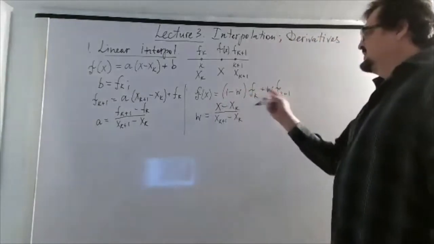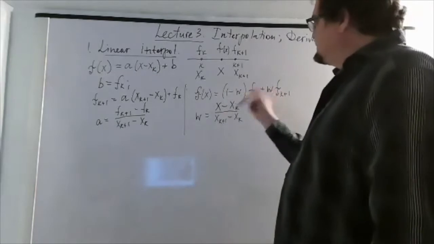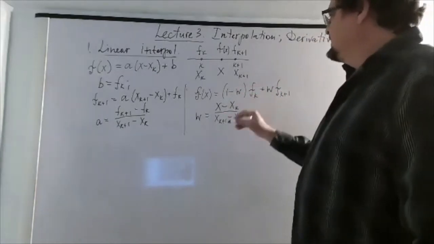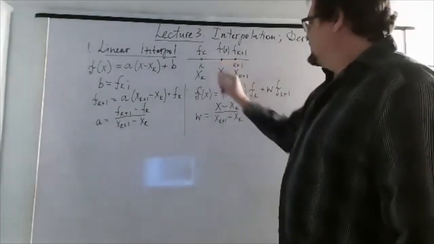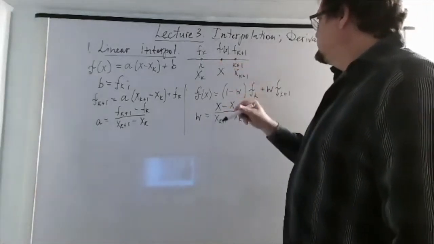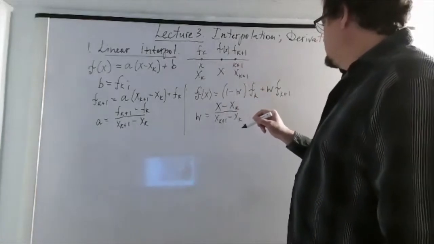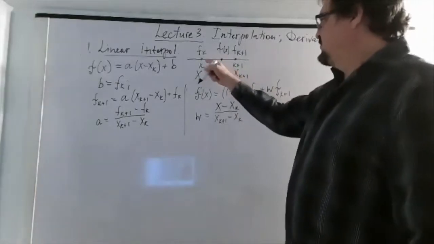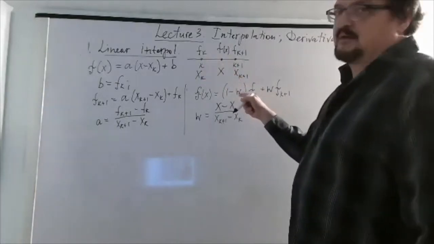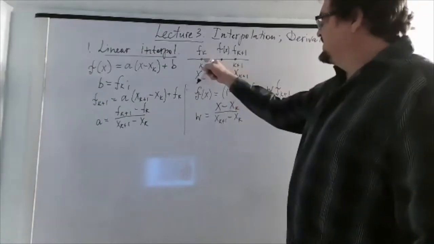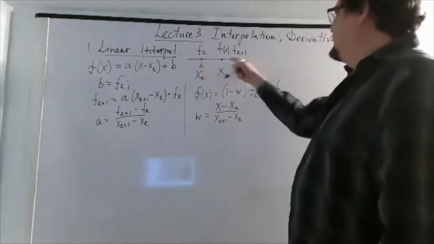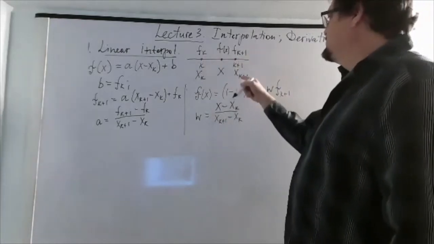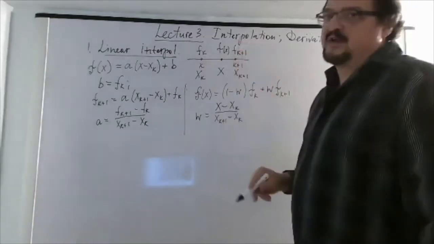So this is weighted interpolation, linear with two weights. When your x is close to xk, the weight becomes very small, so 1 minus weight becomes very close to 1, and you basically become more and more like fk, and vice versa. If you move to xk plus 1, your weight increases to 1, and then it becomes all the value at k plus 1.